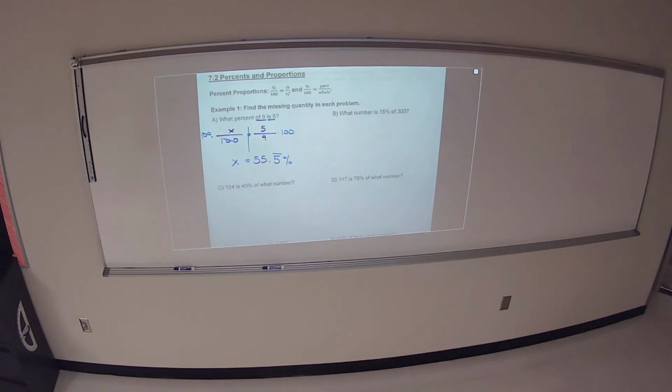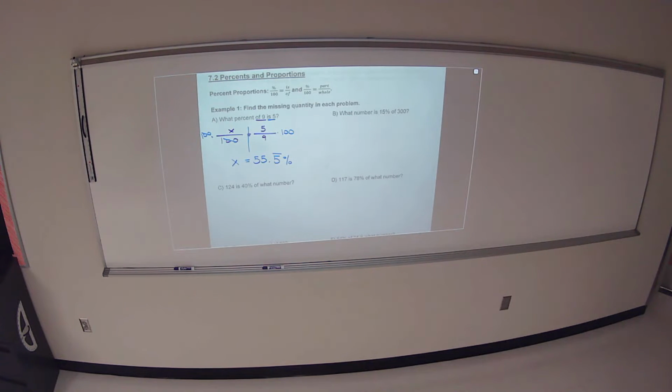Rounded to what? In the past, we rounded it if it was a story problem where a decimal didn't make sense, and we also rounded it if it was an inequality type problem. This one, we're actually just going to leave it exactly as it is, 55.5 repeating percent.